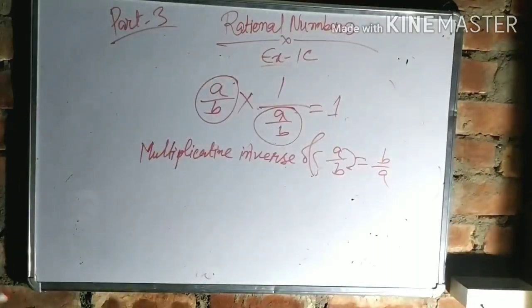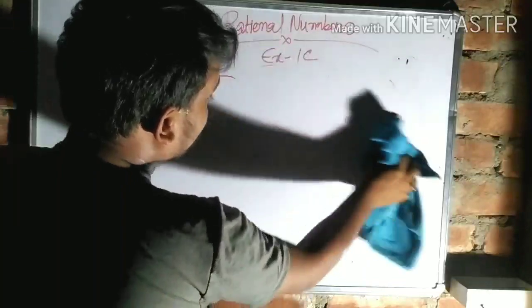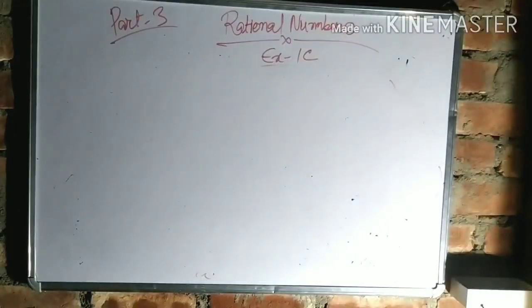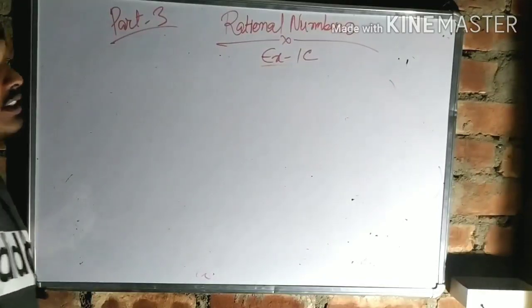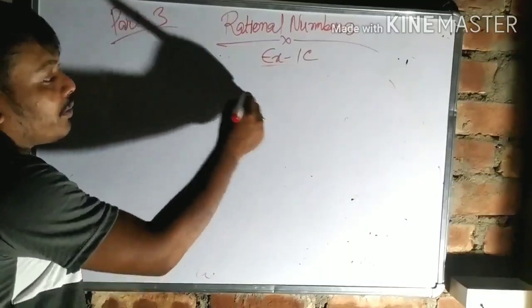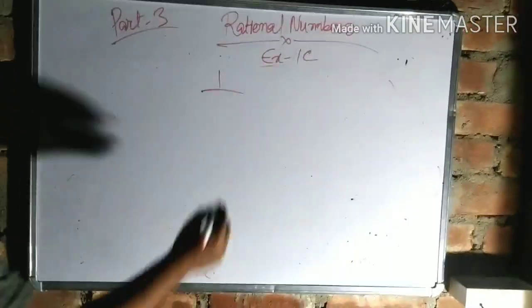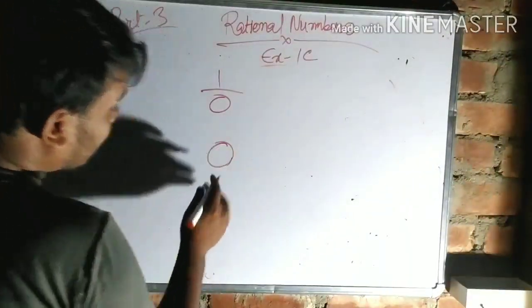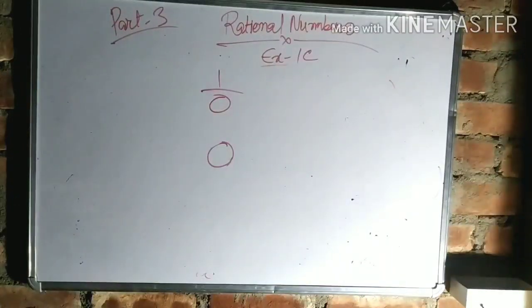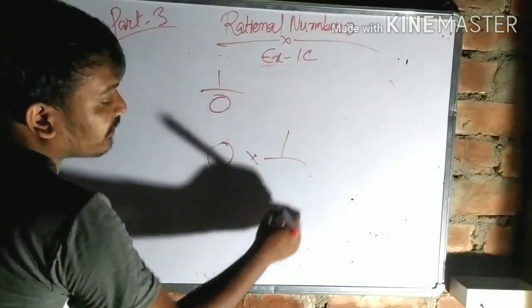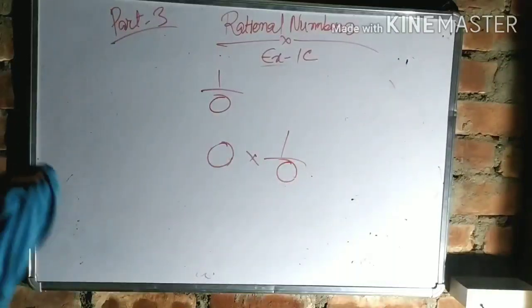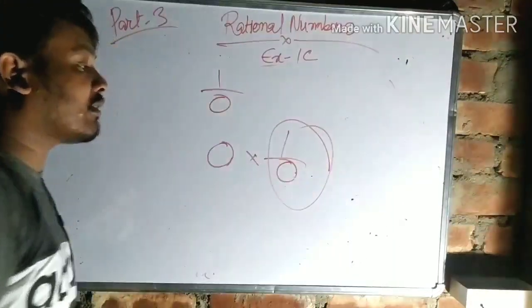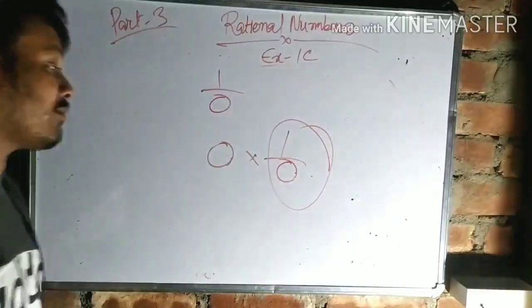Next thing is division. Oh, one thing. Which rational number has no multiplicative inverse? 1 by which value does not exist? 1 by 0 does not exist. So 0 has no inverse, because the inverse of 0 according to the rules is 1 by 0, and 1 by 0 does not exist because 0 cannot sit in the denominator for any number.